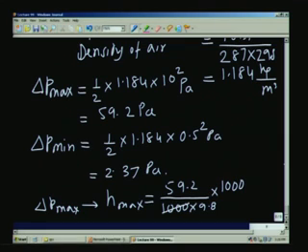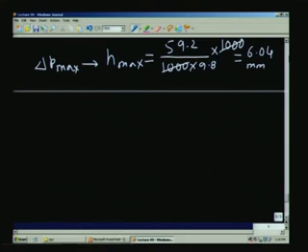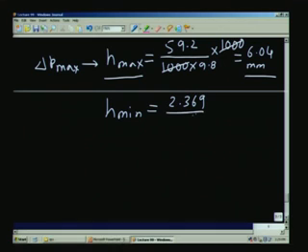Actually, these two will cancel, you simply divide this by 9.8 and you get that value, which happens to be 6.043 millimeters of water. So, the maximum H max we are going to measure is 6 millimeters, and I can also calculate H minimum. That will be simply the value of delta P in pascals, 2.369, divided by 9.8, so many millimeters of water, that will be 0.242 millimeters.